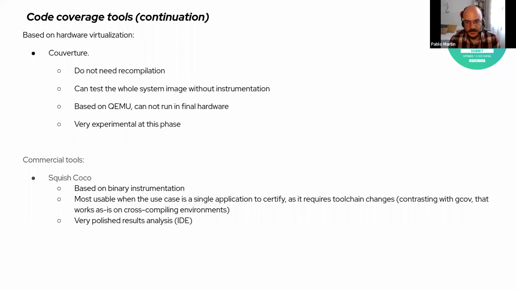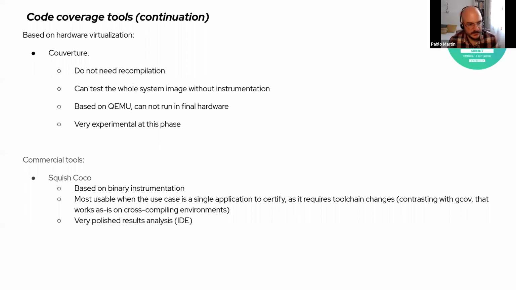It is very experimental at this phase, but nonetheless very interesting because it has the good things of both the options that we saw before. It doesn't require compiling, and it also doesn't require anything to be set up on launching the program that is going to be covered, because all the statistics are retrieved from outside of this virtualized environment based on QEMU.